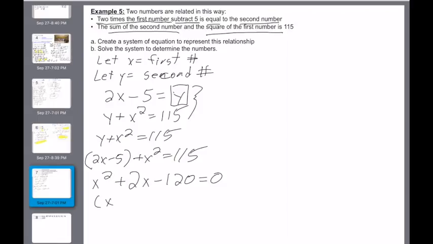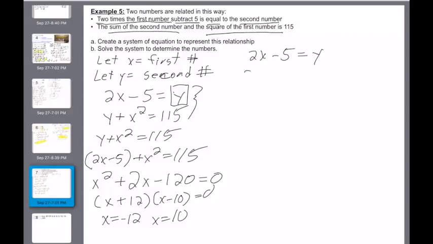Here again, we're looking to multiply to 120 and add to 2, with the product being negative. So let's go with x plus 12, x minus 10 equals 0, x equals negative 12, x equals 10. At this point, we just need to plug these into our equations to find what our y is equal to. So we get 2x minus 5 equals y.